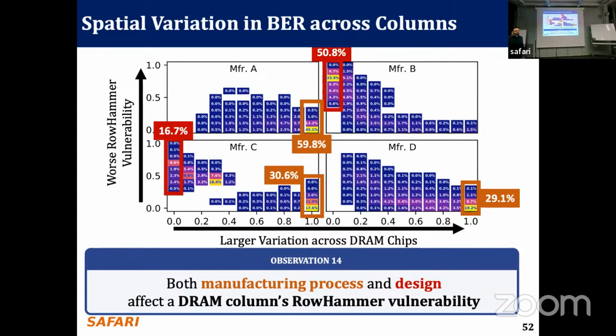Consistently across different chips. Yeah. It's basically the same logical column ID across different chips. Yeah. So maybe that number is even higher if you account for that. Yeah, if you reverse engineer that, yes. Yeah, if you look at the physical picture.